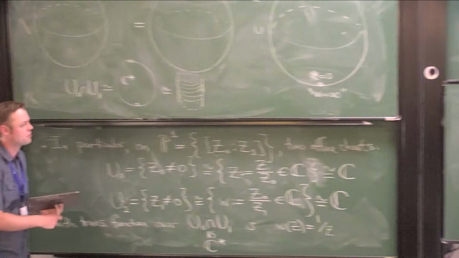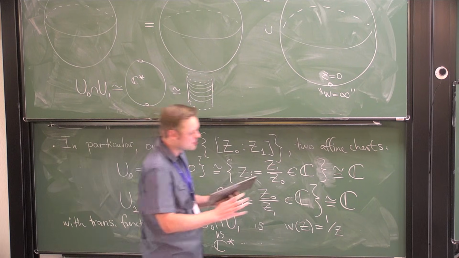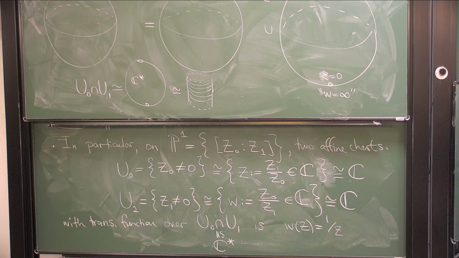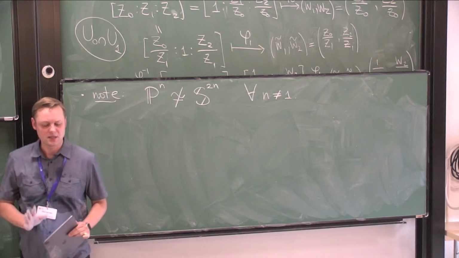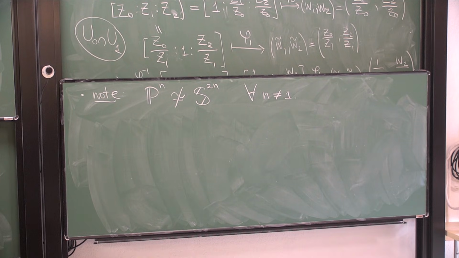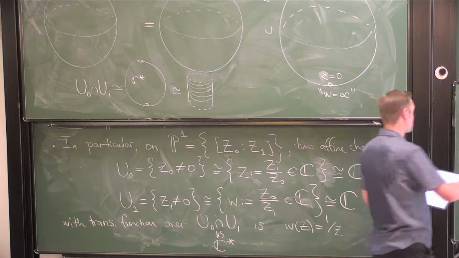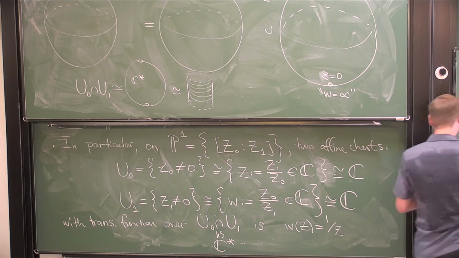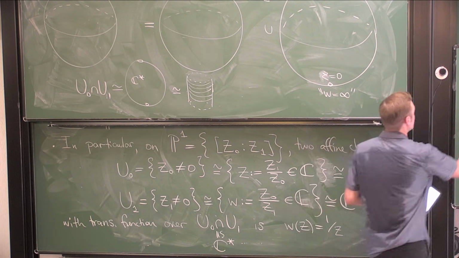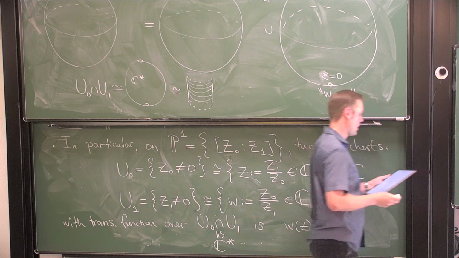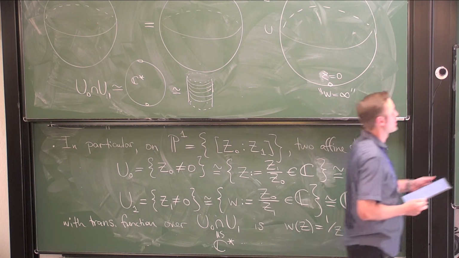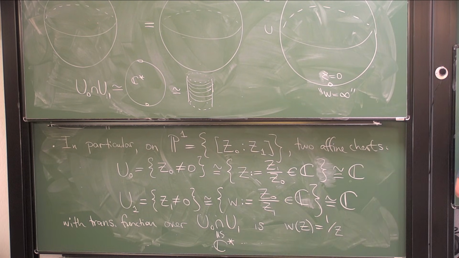In order to prove this, it's not difficult, but you need to compute cohomologies of these spaces, and then it becomes clear that this cannot possibly happen. But this is not a course about cohomology, so the problem that I wanted to mention is about, fine, these are complex manifolds.